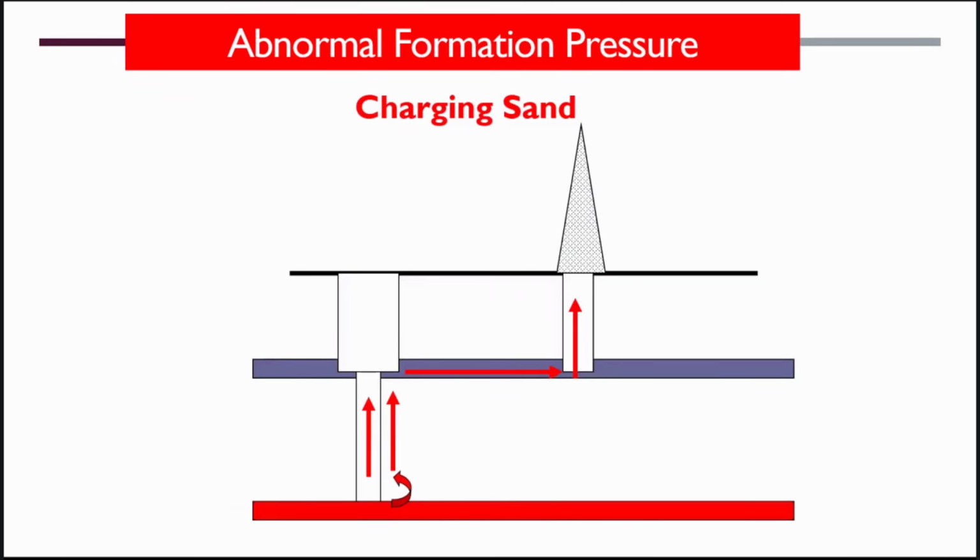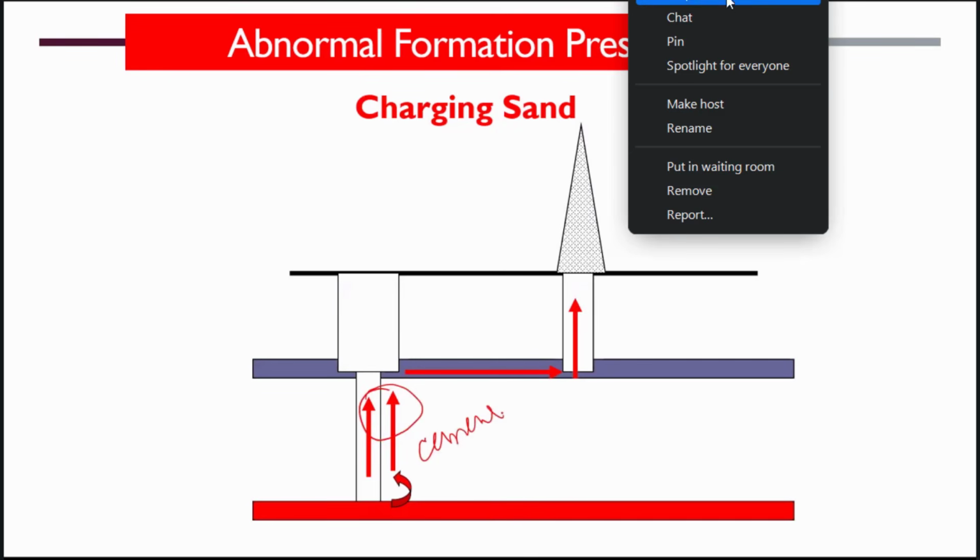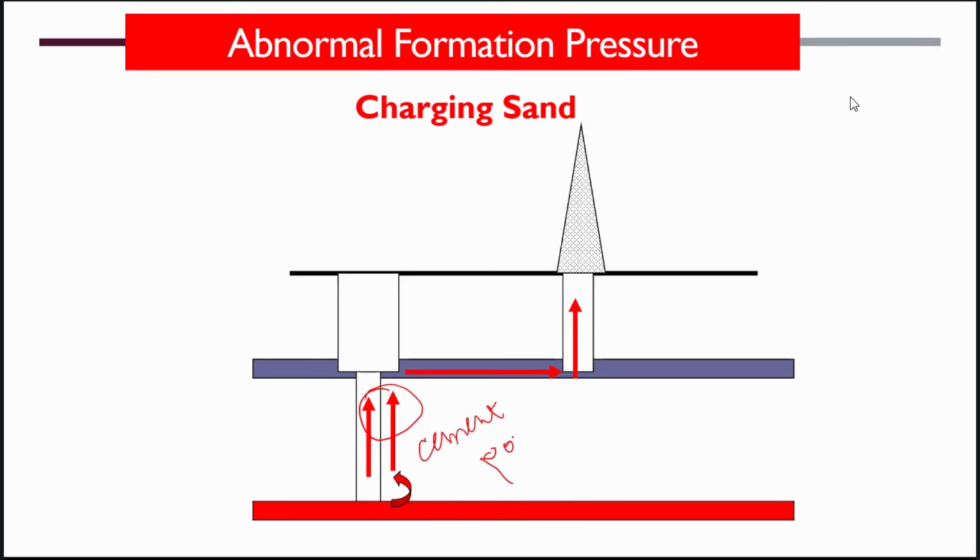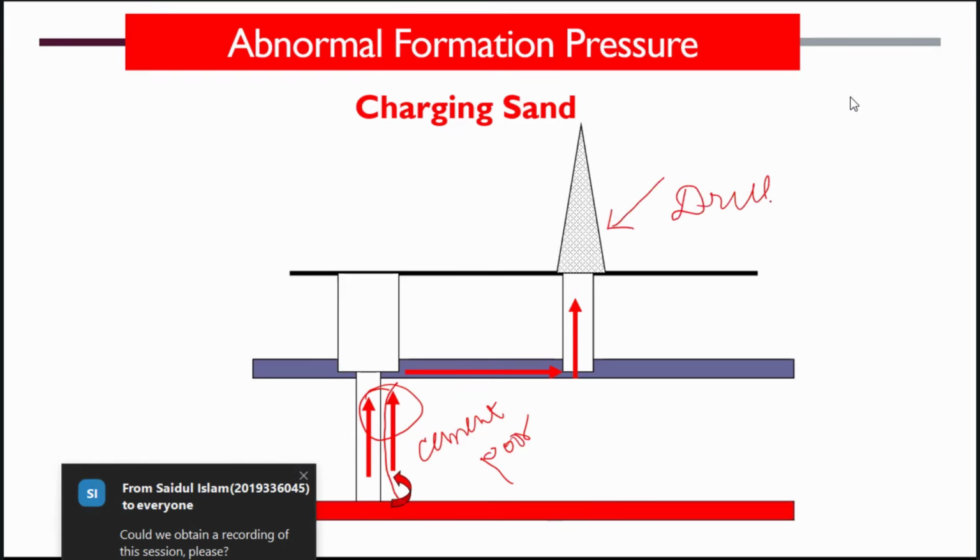This phenomenon means you have already drilled a well. Somewhere an old well was drilled, and now it is abandoned. So you have casing and cementing, but suppose your cement job was poor, the cement was not good. Then from this reservoir, gas can migrate up, and you are drilling this other formation.